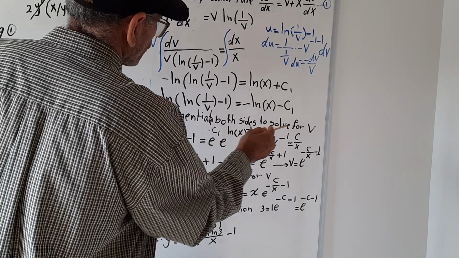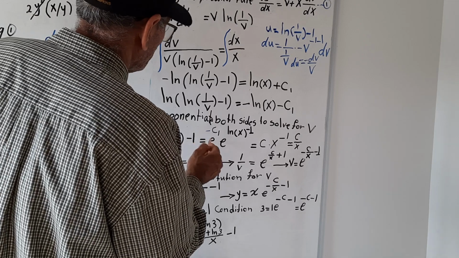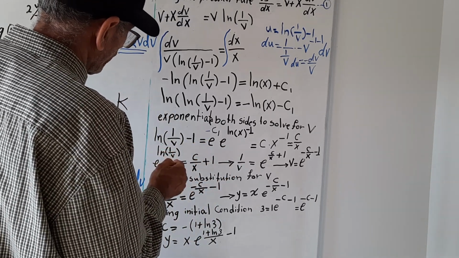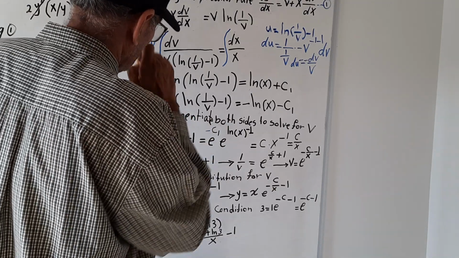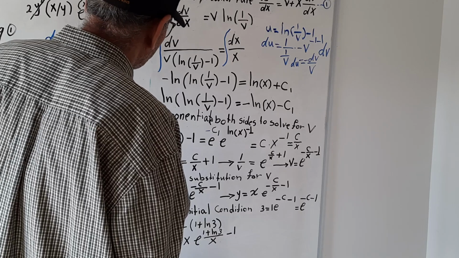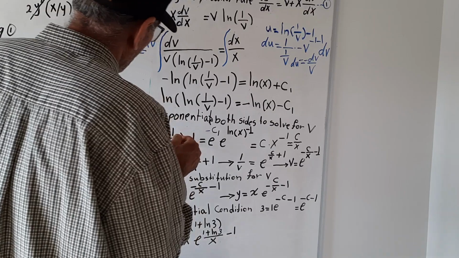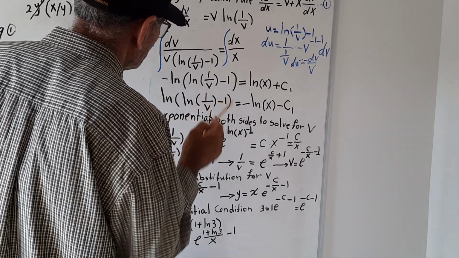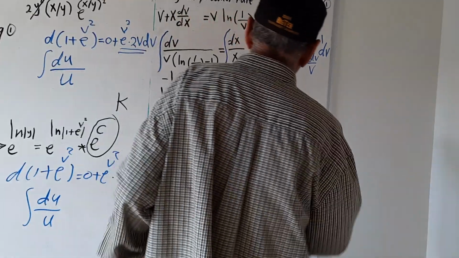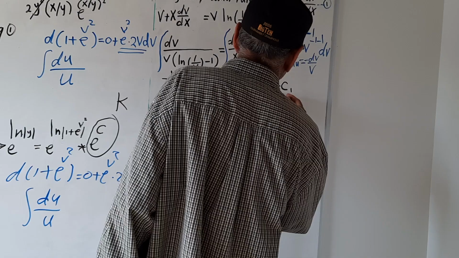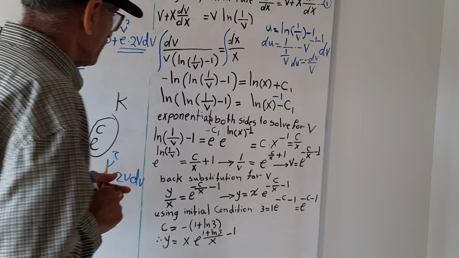Exponentiate both sides to solve for v. So e to the ln of 1 over v minus 1 equals, and here you see we exponentiate both sides, so this one cancels, and we get ln of 1 over v minus 1 equals, this minus will be here, minus c1.